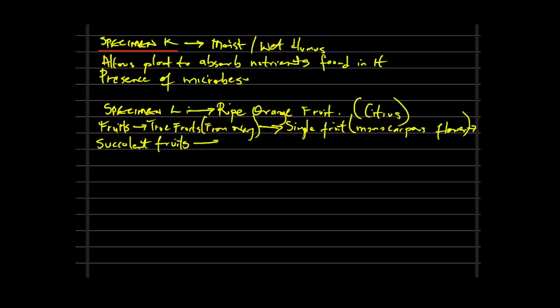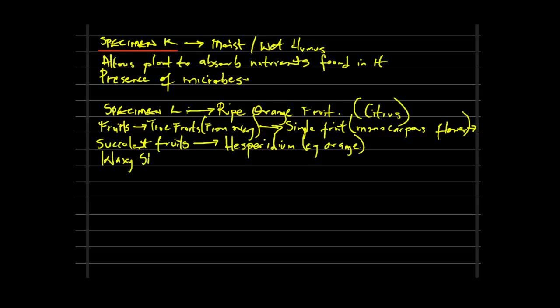We can have the Hesperidium, and that is where we now have the class, e.g. orange. So this is how it is being descended from fruits to true fruits to simple fruits to succulent fruits, then the Hesperidium.